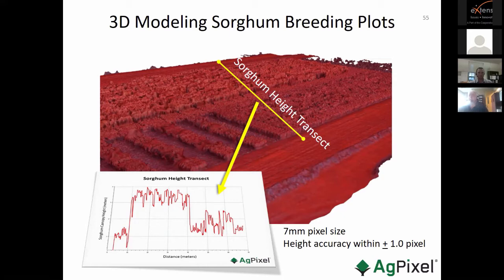And in this case, we've run a profile across the sorghum field, and the geneticists went out and looked at the variation that we were picking up along that transect and said that it looked very promising to them. They were very excited about it. The pixel size on this overflight was 7 millimeters, and with correct calibration, you can usually be within plus or minus 1 pixel of accuracy on your elevation data.